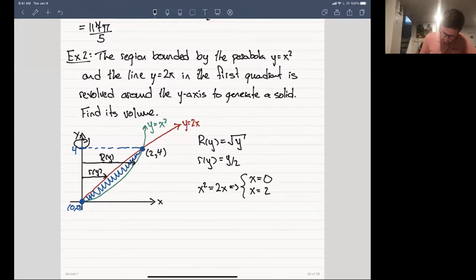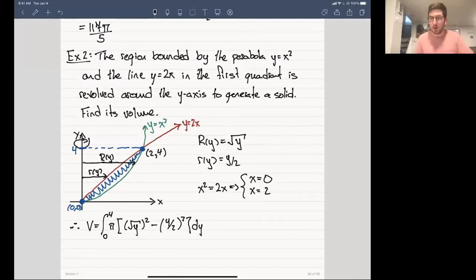So let's do this. This tells me that the volume is the integral from 0 to 4 of pi, and now the outer radius squared, so the square root of y squared, minus the inner radius, y over 2 squared.